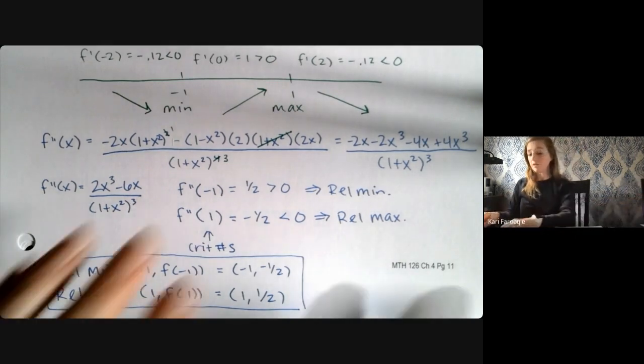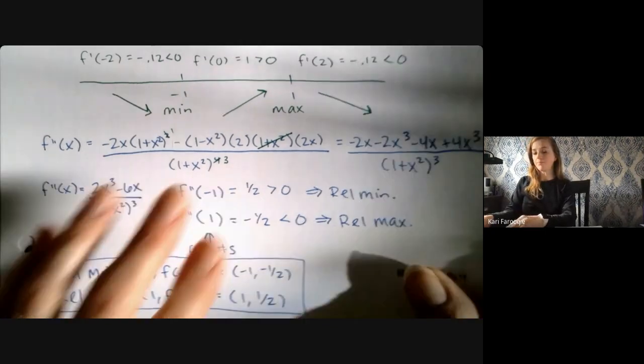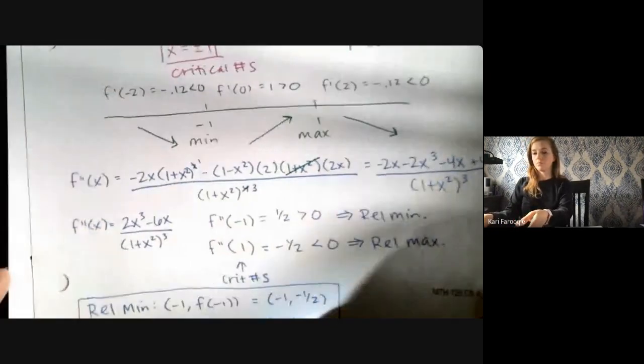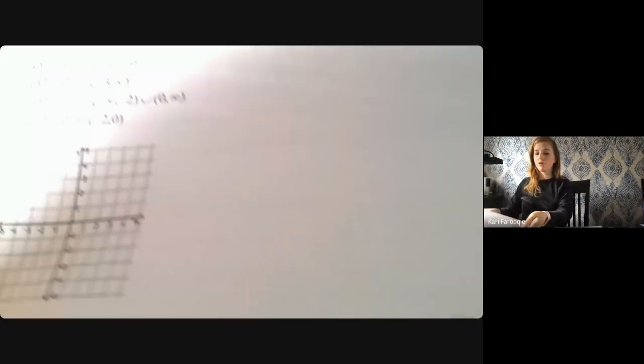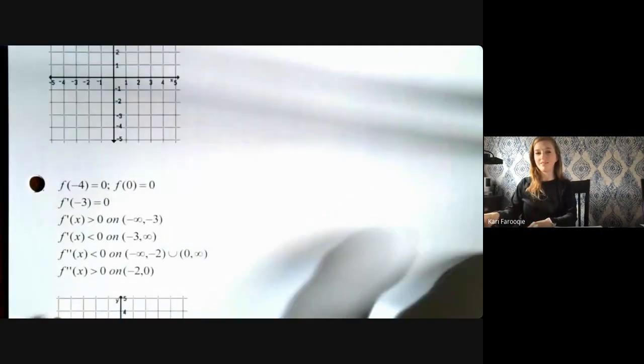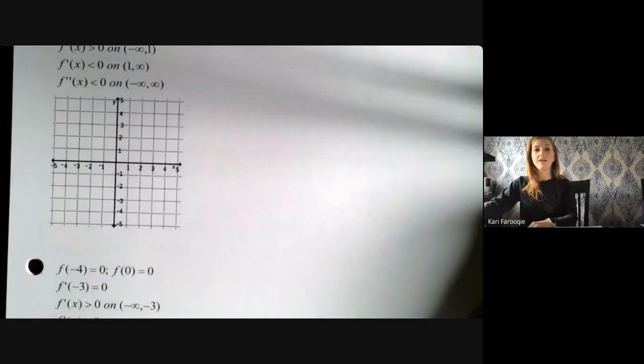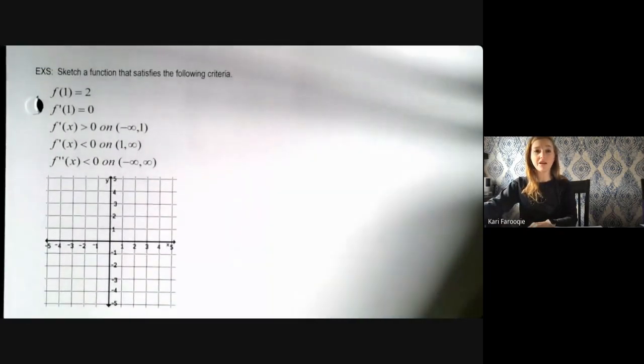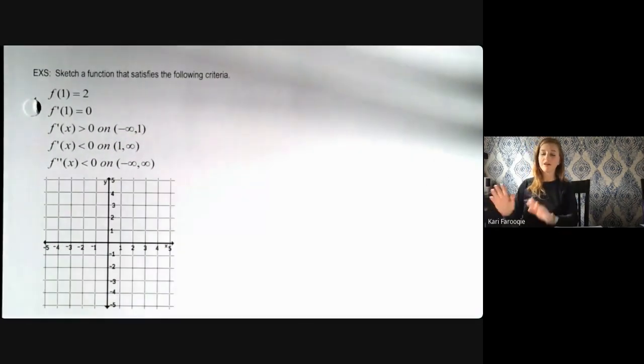The last thing we're going to do in this section is sketch some curves based on some information. Now, what I love about this is that it kind of leads us into what we're going to be doing in the next section.